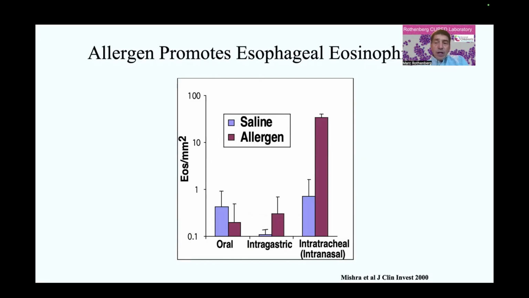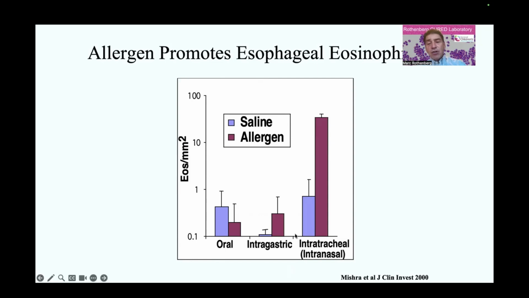A number of years ago, as we began to describe EoE, we didn't understand what its cause was. So we conducted some seminal experiments in mice, in this case proving that an allergen exposure in a mouse elicited esophageal eosinophilia. If we just gave the antigen orally or intragastrically, put it in the stomach, we wouldn't develop a break of tolerance.